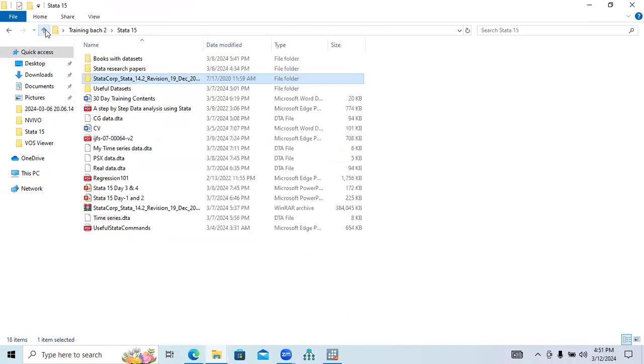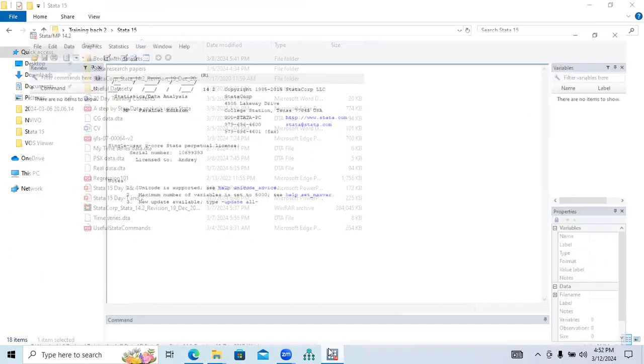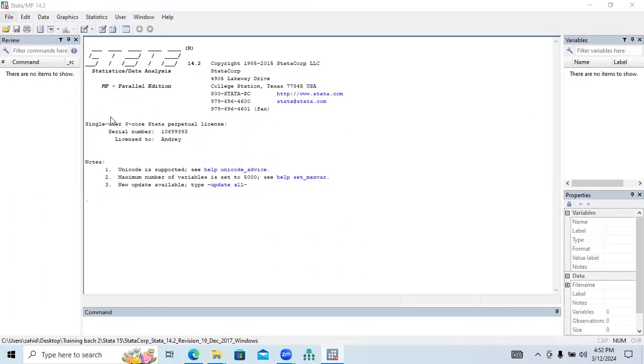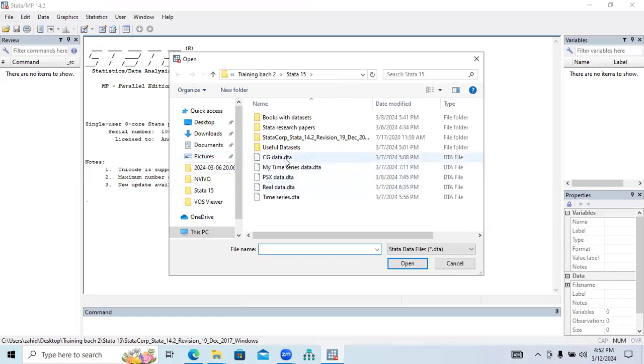Let's have an example file to be used with data. For example, let's use CG data, because we need to use pool data analysis for this procedure. So file, open, and use CG data for this. You have saved this data file.